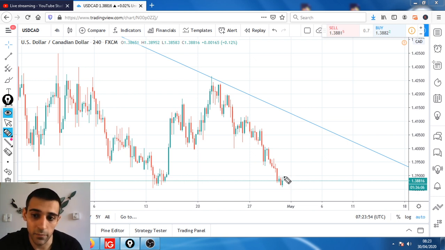So for the next 4 hourly candle, which is at midday UK time, I want to see the price coming up and taking out this high here. This one should come up around this level. I want to see it go up to about this height. If it's with a wick, then it's fine.